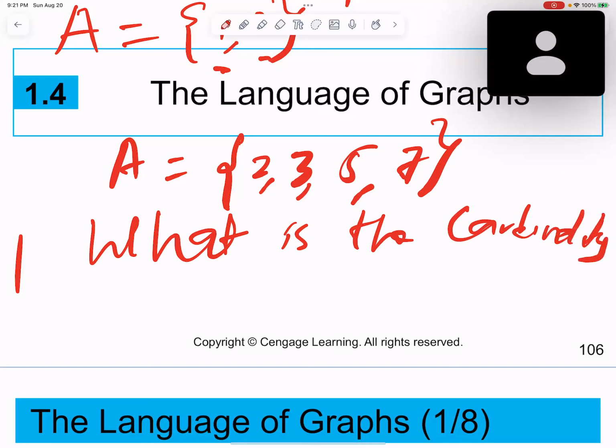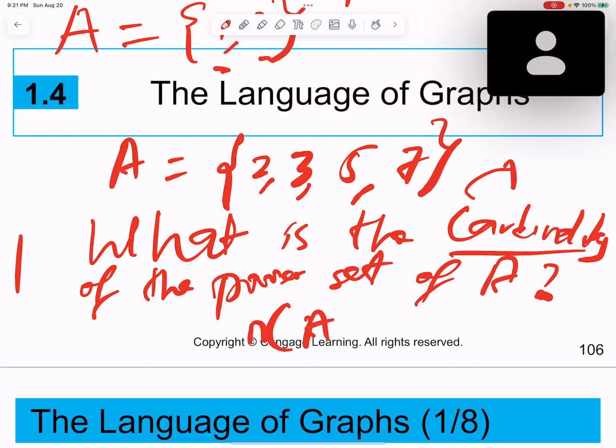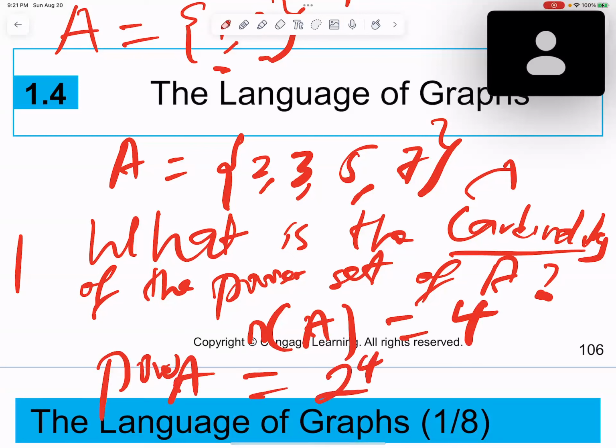Cardinality means the number of elements. Remember, cardinality is another word for how many elements you got. So the number of elements of A is 4. So the power set of A has 2 raised to the power 4 elements, which is 16 elements.